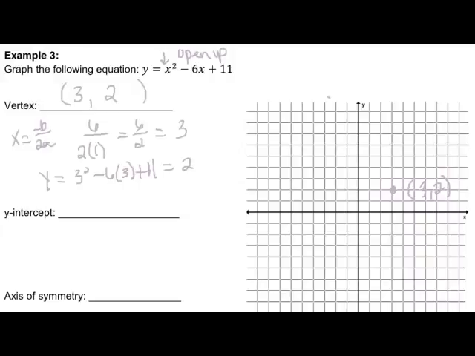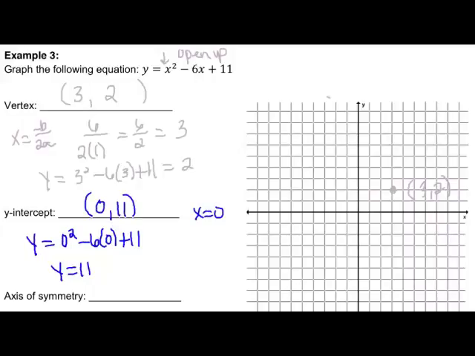Again, if we're finding the y-intercept, then x equals 0. So we plug x equals 0 into our equation: y equals 0 squared minus 6 times 0 plus 11. So y equals 11, and our y-intercept is (0, 11). So my point is way up here, a little bit off the graph.